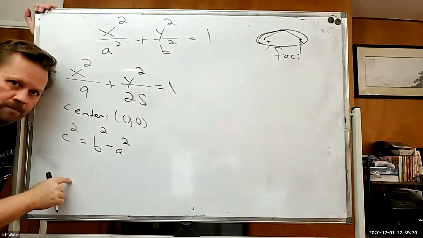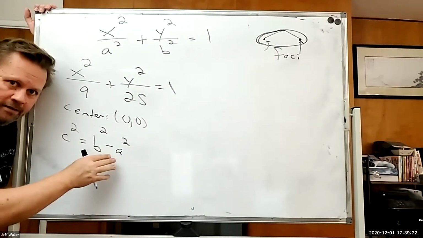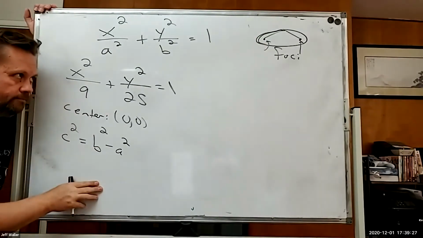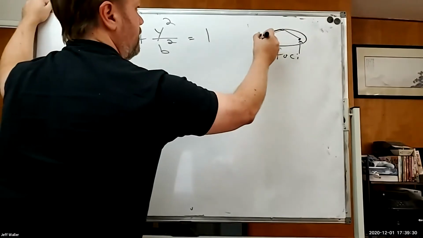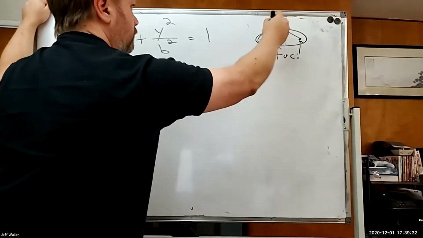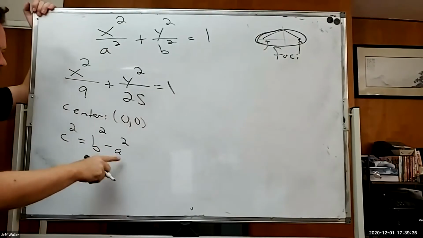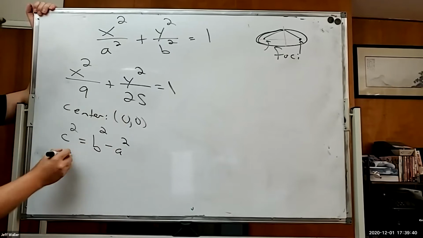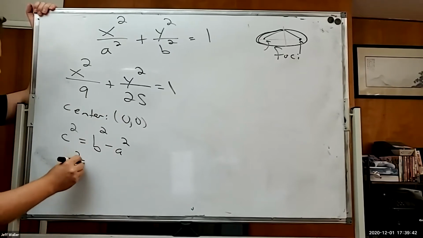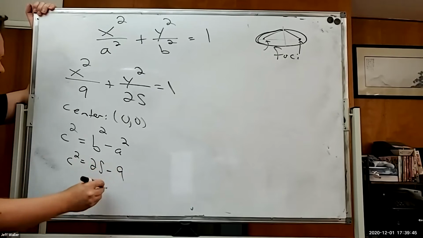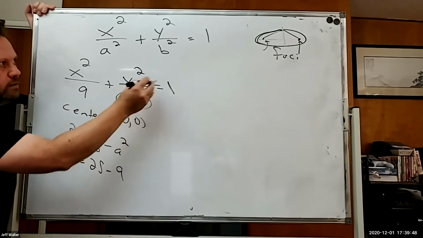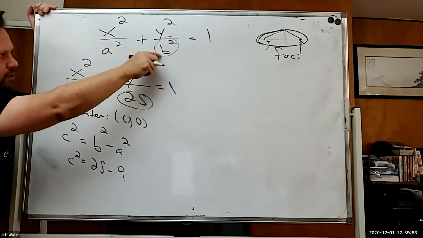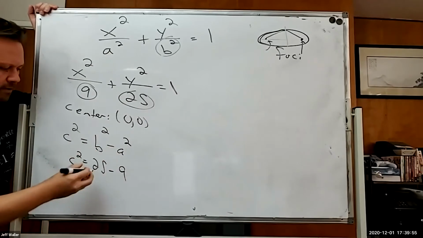This looks almost like the Pythagorean theorem, except it's got a minus in it. If you set up the math for this, you could prove why c is this equation, but we're not going to do all that. To find the foci for this, c squared would equal 25 minus 9. Another big mistake people make is that these are already squared. The numbers that are there are b squared and a squared, so don't square them again and get things really freaky.